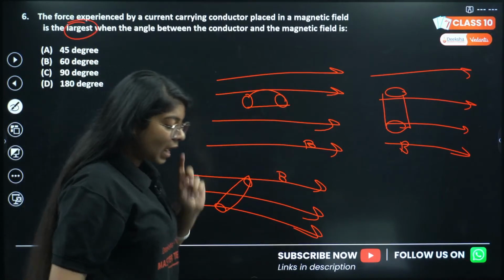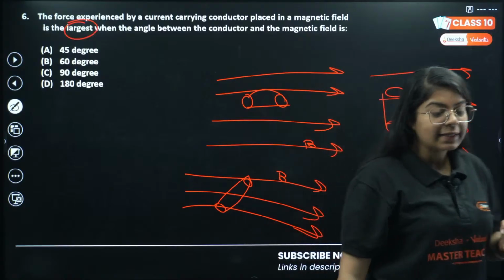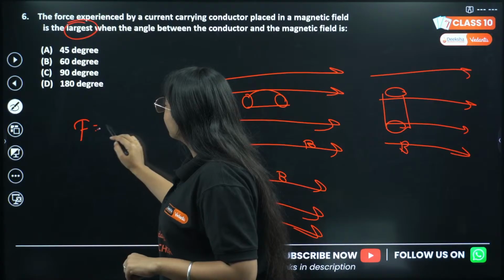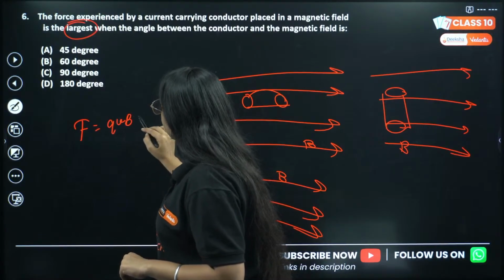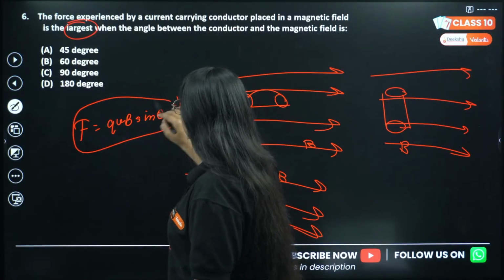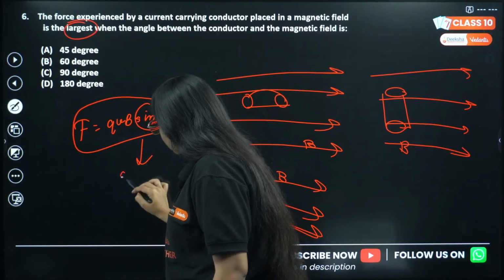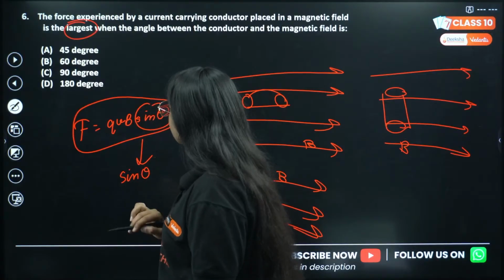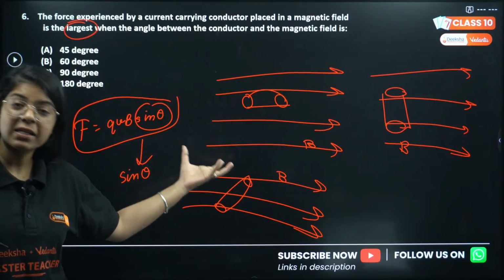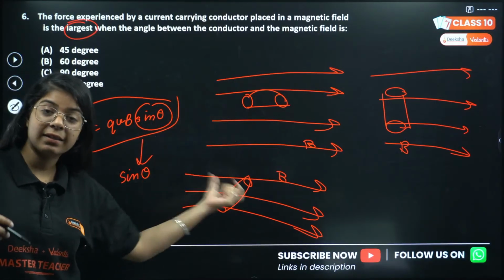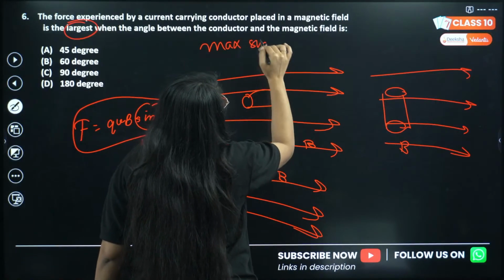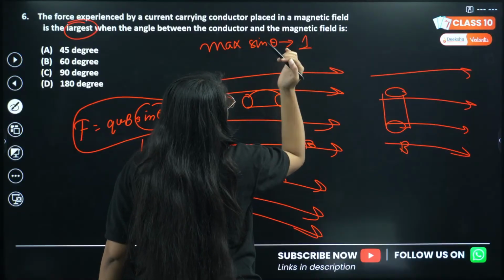Now I told you one formula in the starting that you need to remember, correct? That was F equals QVB sine theta. This is sine theta. So this whole force will be maximum when sine theta is maximum, and the maximum value of sine theta is 1.